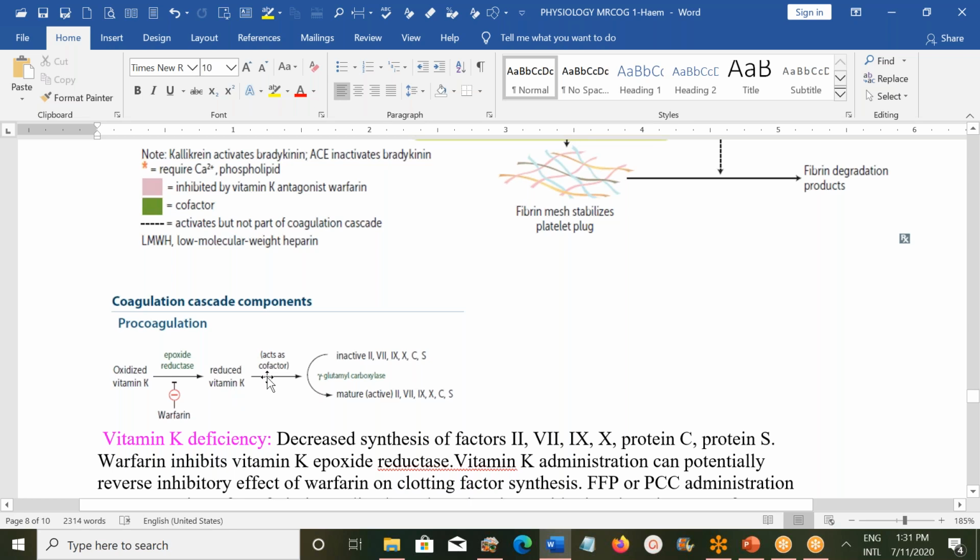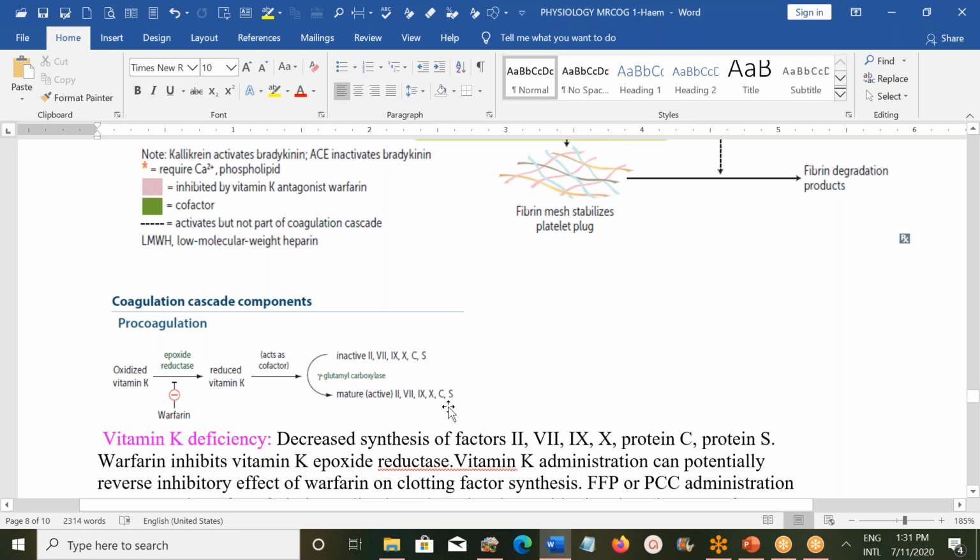In the presence of certain cofactors, we are going to get activation of factors 2, 7, 9, 10, and protein C and protein S. In the presence of gamma glutamyl carboxylase, they will change into the mature or active 2, 7, 9, 10, C, and S. We need this enzyme for converting the inactive factors to the active factors.